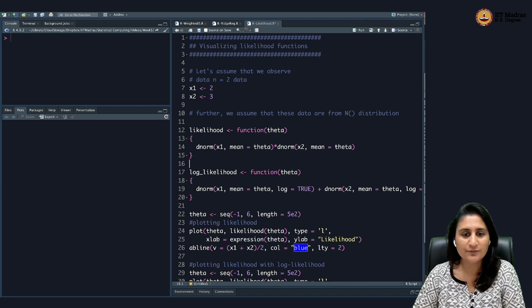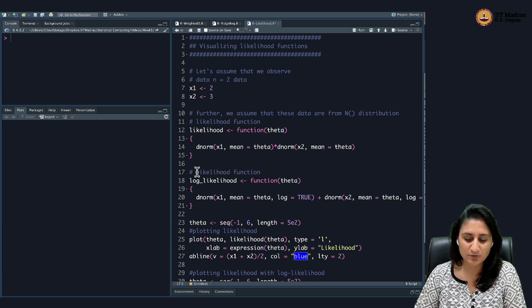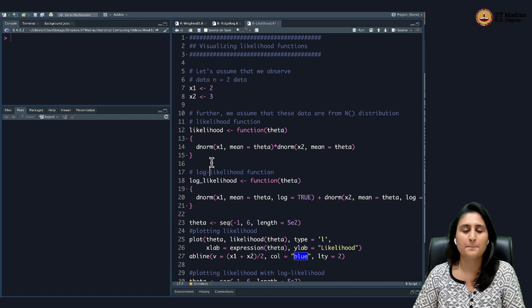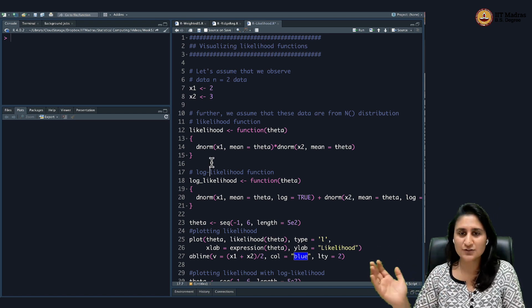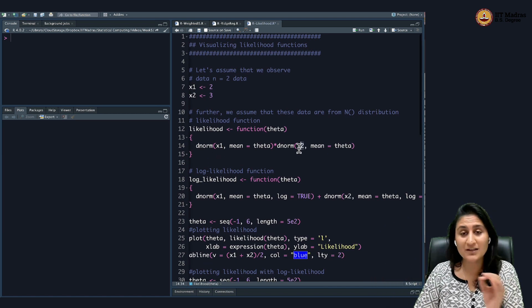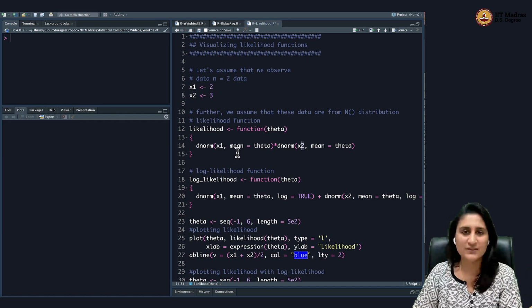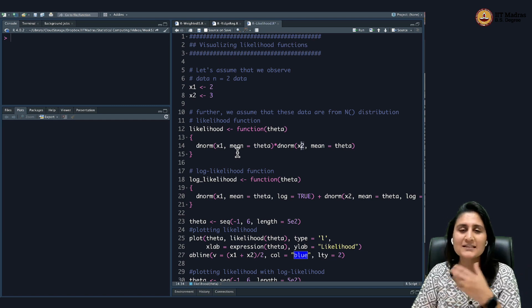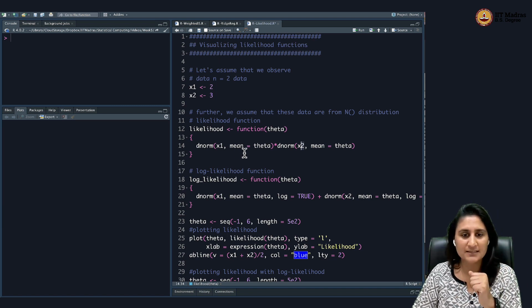Let me write that this is the likelihood function, and downstairs I'm going to draw the log likelihood function. The likelihood function is the product of the density functions at the actual data points we have observed, x1 and x2, but evaluated at any value of theta. It basically tells us how likely a value of theta is, given that we have observed this data.